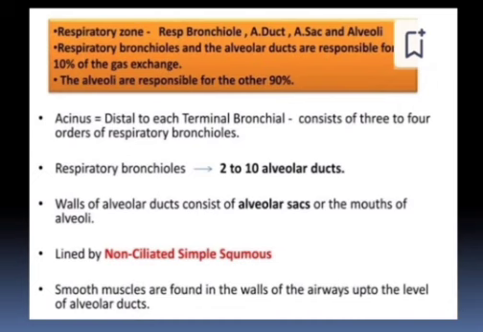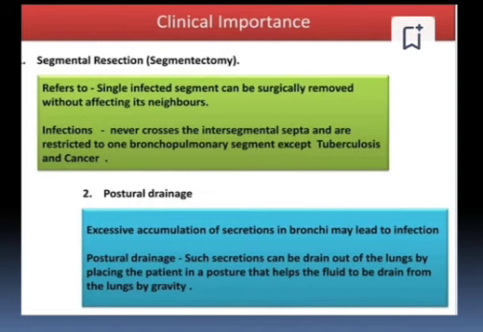But to end this section of the class, we'll just look at some clinical importance. Sometimes you might have infection in your respiratory system that may even lead to surgical removal of one or two branches in the respiratory tract or structures there.